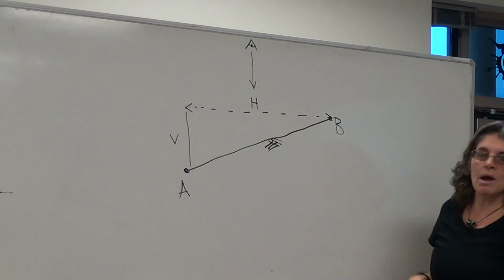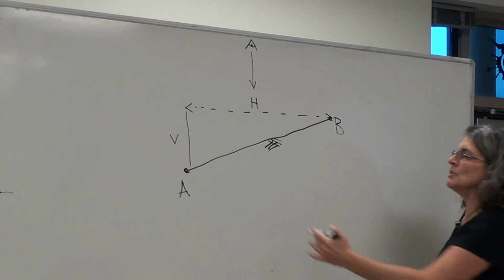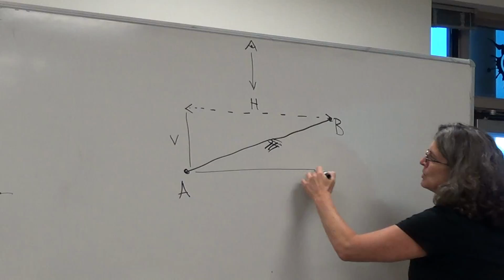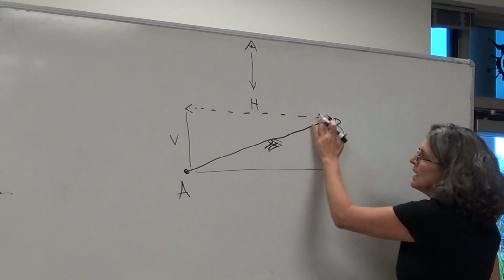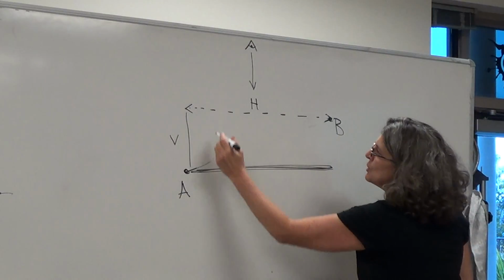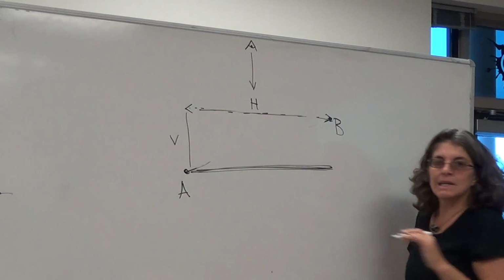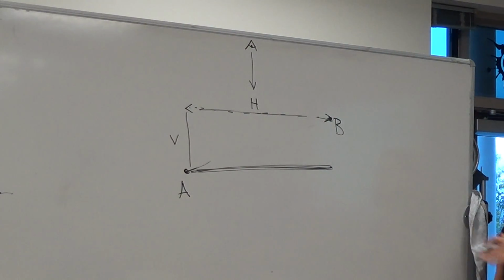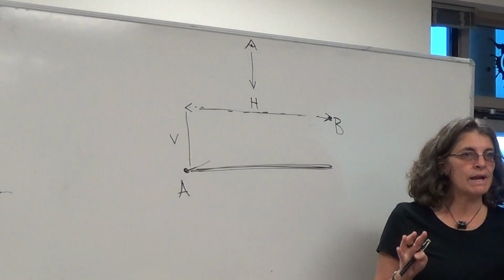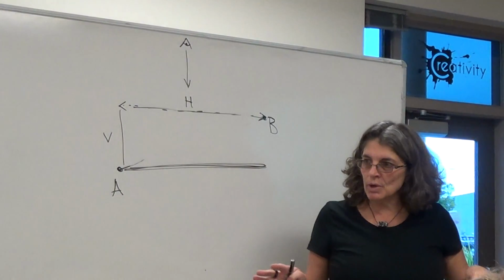Let's say I own this property. I could come through with a tractor, a backhoe, whatever, and I could just level this whole thing if I wanted, right? And now the horizontal is here. So the horizontal distance never changes even if you move the soil around, even if you do grading. Have you heard the term grading? Grading means moving soil around.